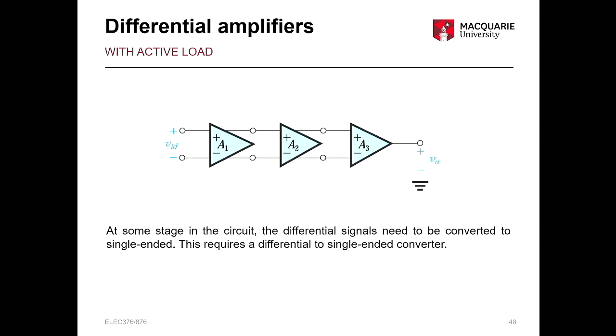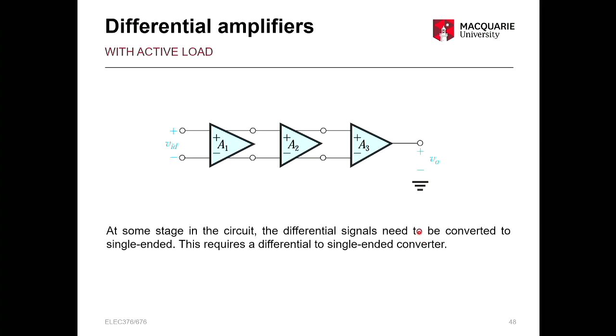But at some point, you do need to go to single-ended for most circuits. So typically when you leave the IC chip, if your chip is, for example, an op-amp, you may have several differential amplifiers cascaded like this, linked together. So you can use the differential outputs, you can maximize your gain at each stage. You can have a differential input, but at some point you're probably going to need a single-ended output, okay?